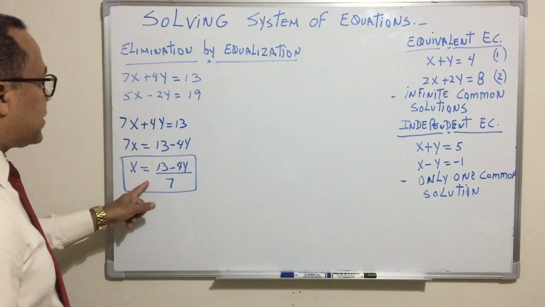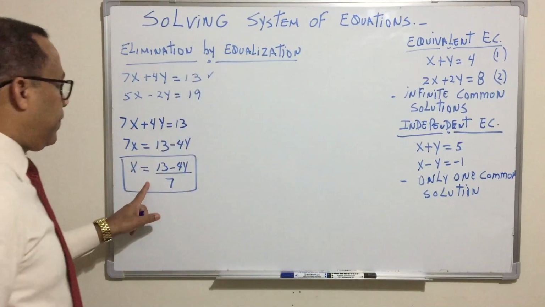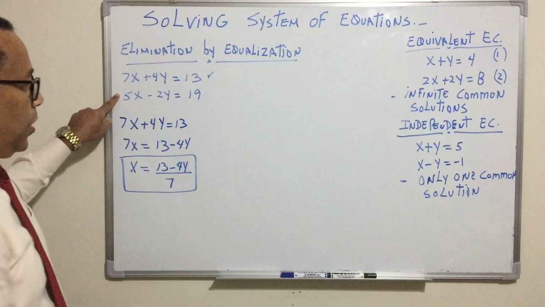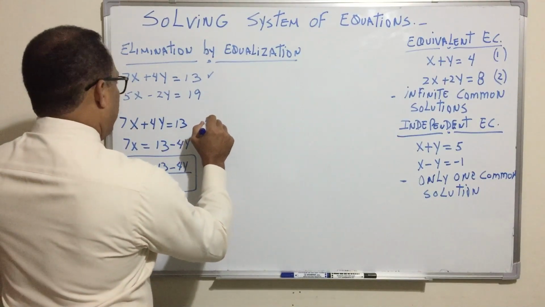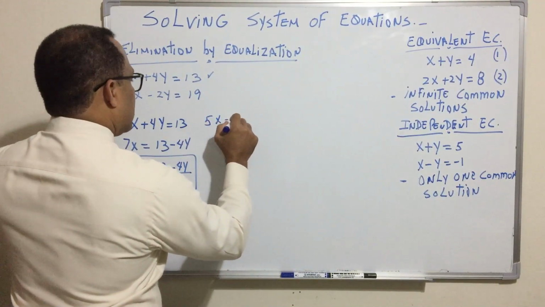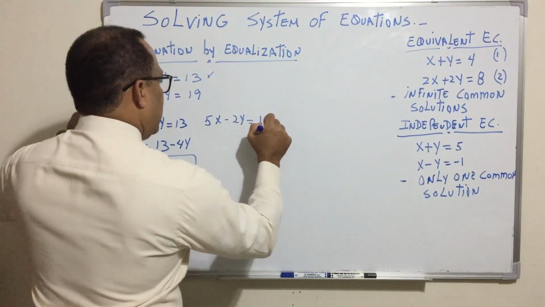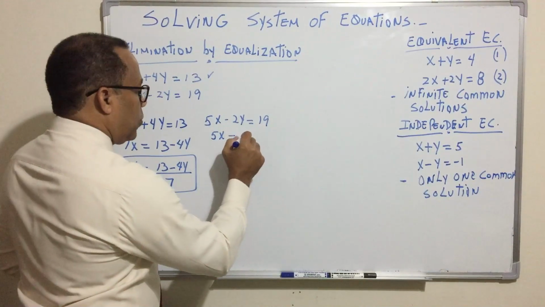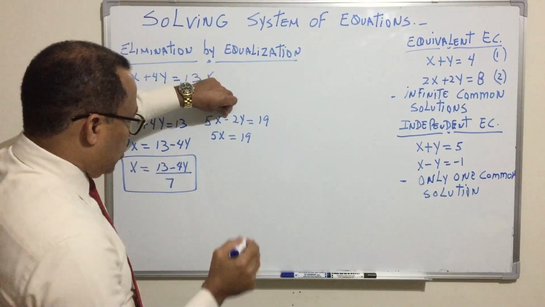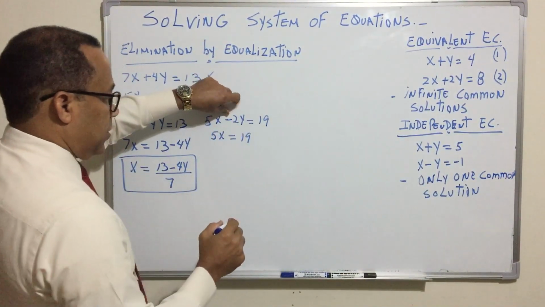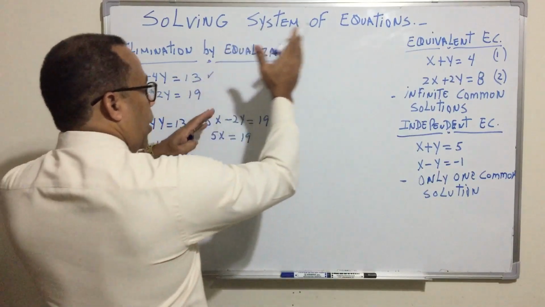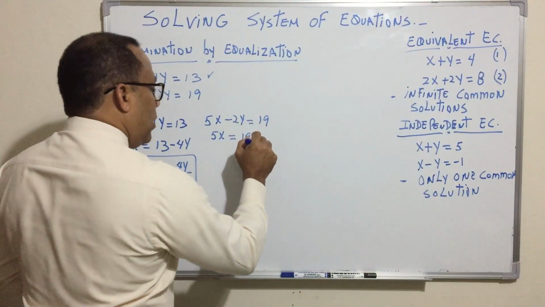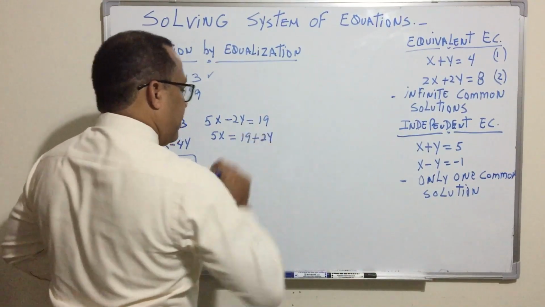I already got x in the first equation. So I need to get the same x, but in the second equation. I'll copy the second equation right here: 5x minus 2y equals 19. Therefore, 5x equals 19. This is subtracting, as you can see. It's subtracting on the left, so it goes the opposite of subtraction, which is addition. So it will be 19 plus 2y.